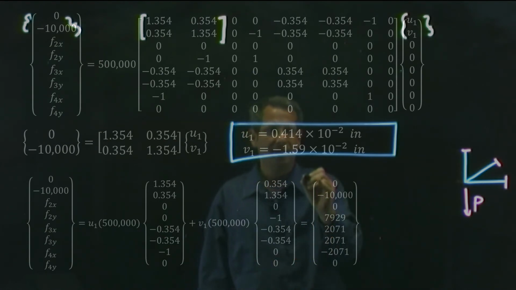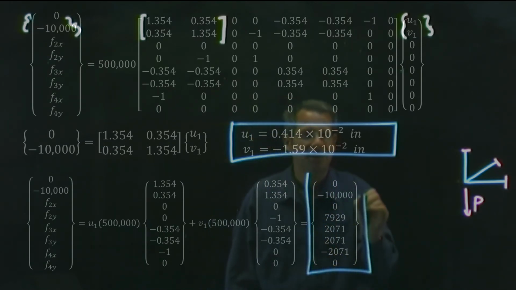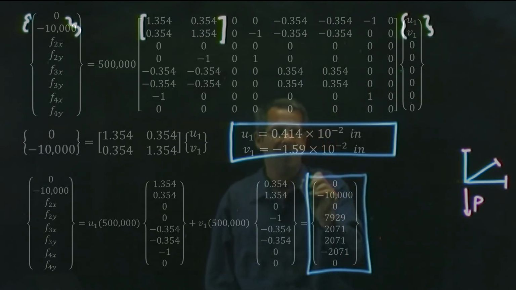So this is all the forces in the x and y direction at all 4 nodes. Again, this is something I was asked to solve for, so I should probably put a box around that.